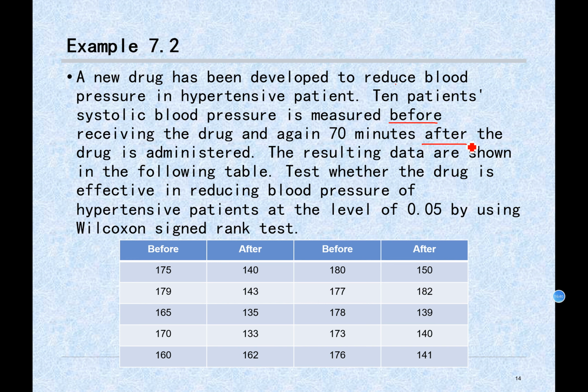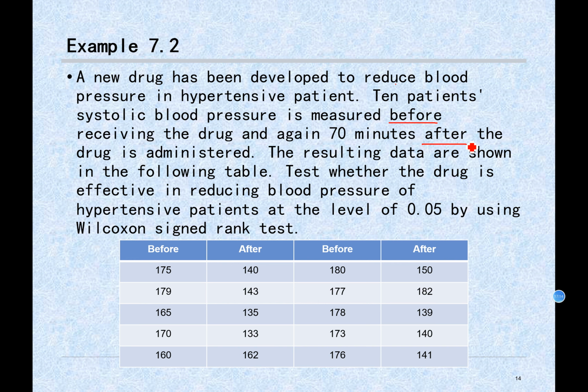So the question is to test whether the drug is effective in reducing blood pressure of hypertensive patients. That means we need to compare the difference of before and after. So this is a paired sample test. By using the non-parametric test, we can still use the Wilcoxon signed rank test.